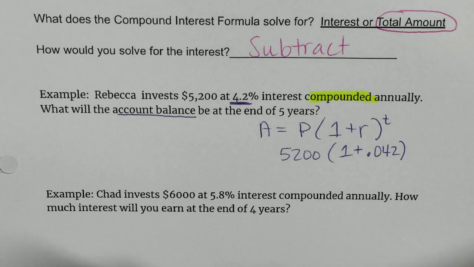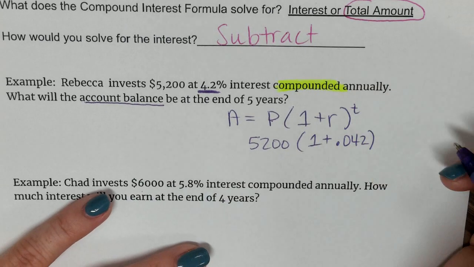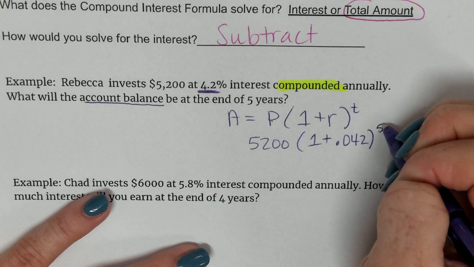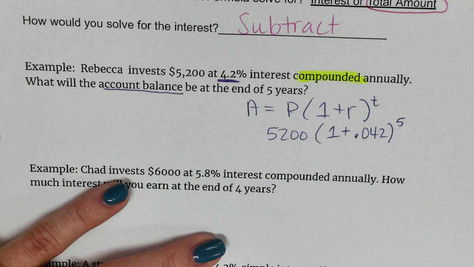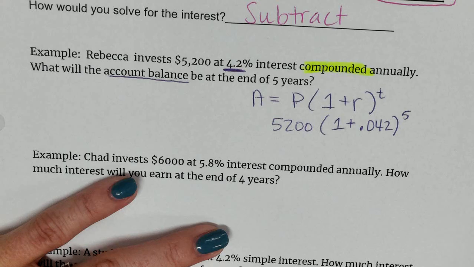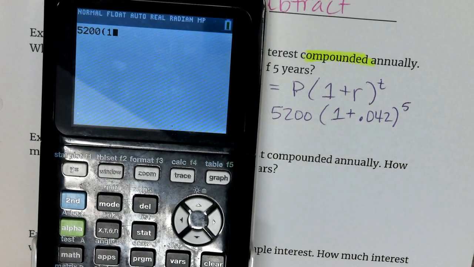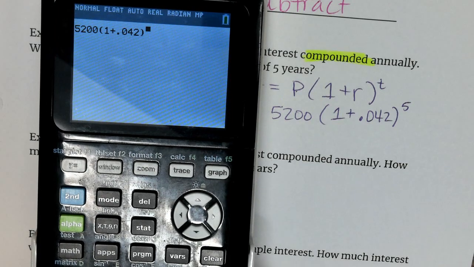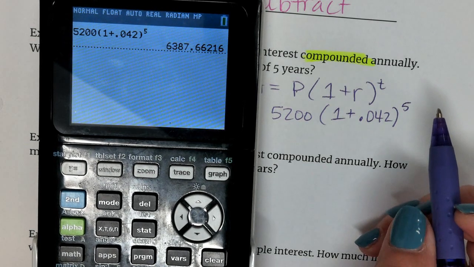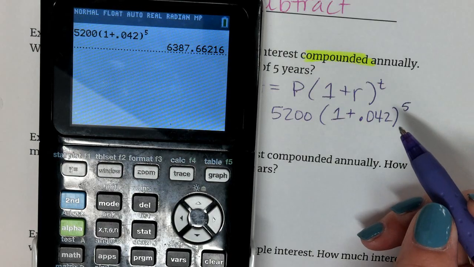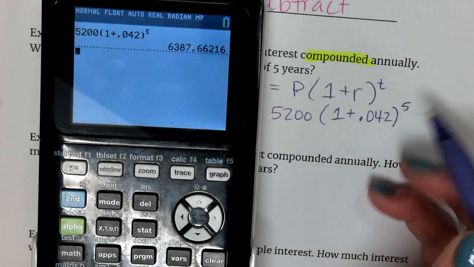And how much time is she going to invest this money for? 5 years. So your little exponent is a 5. So get your calculator out and type that in. Now we're making this look like money, so we'll be rounding to the hundredths place value.